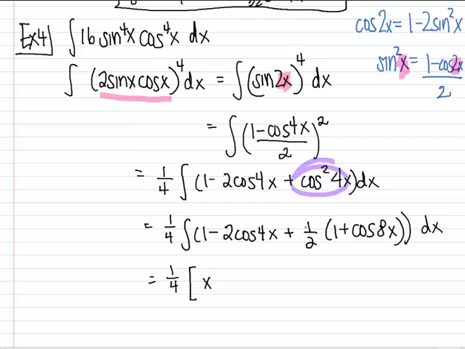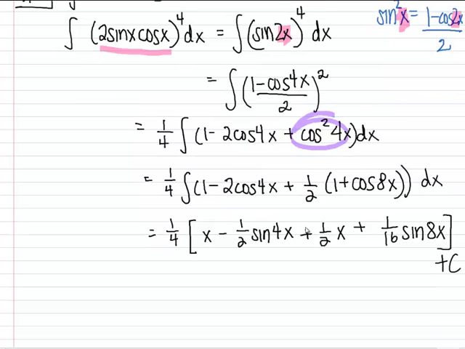So I get x minus 1/2 sine 4x plus 1/2 x plus 1/16 sine 8x plus c.